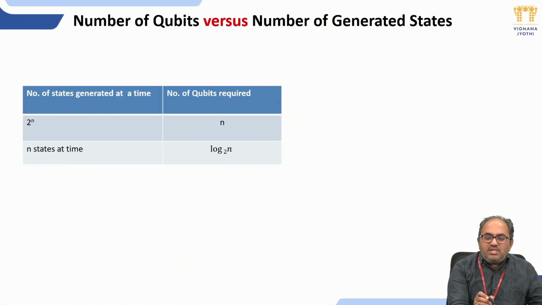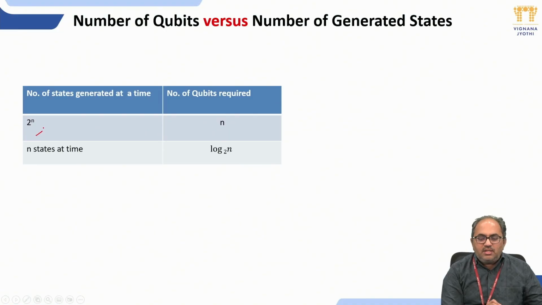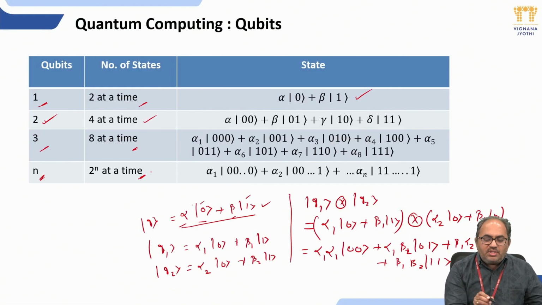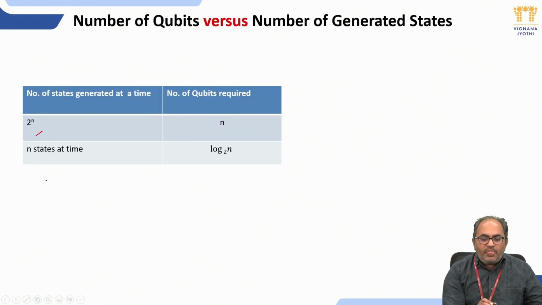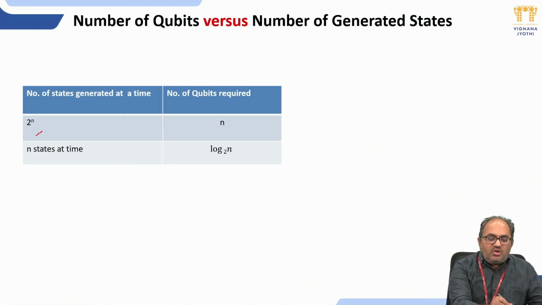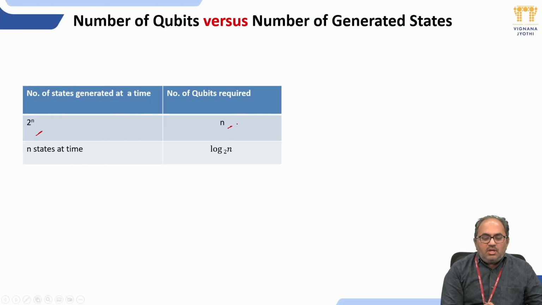Number of qubits versus number of states generated. You have 2 to the power of n states generated using n qubits.